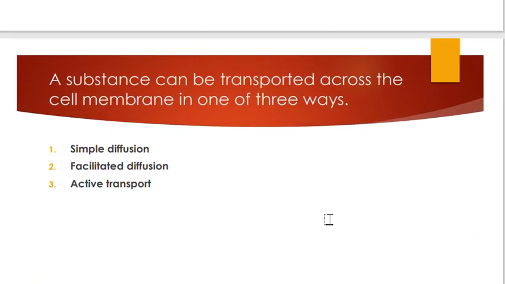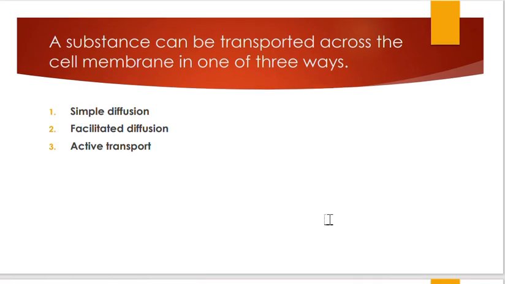Now we will discuss how a specific substance can be transported across the cell membrane in many ways. How can a nutrient be transported inside the cell membrane of your microorganisms?